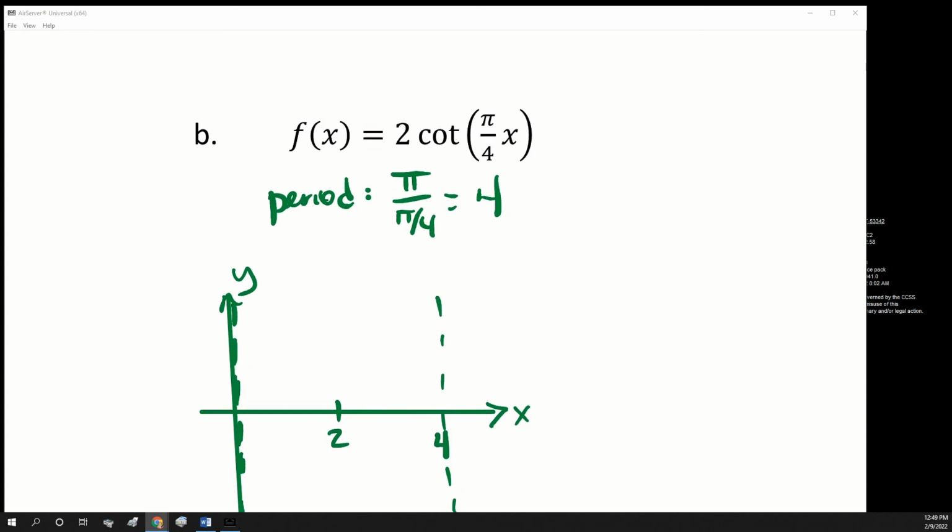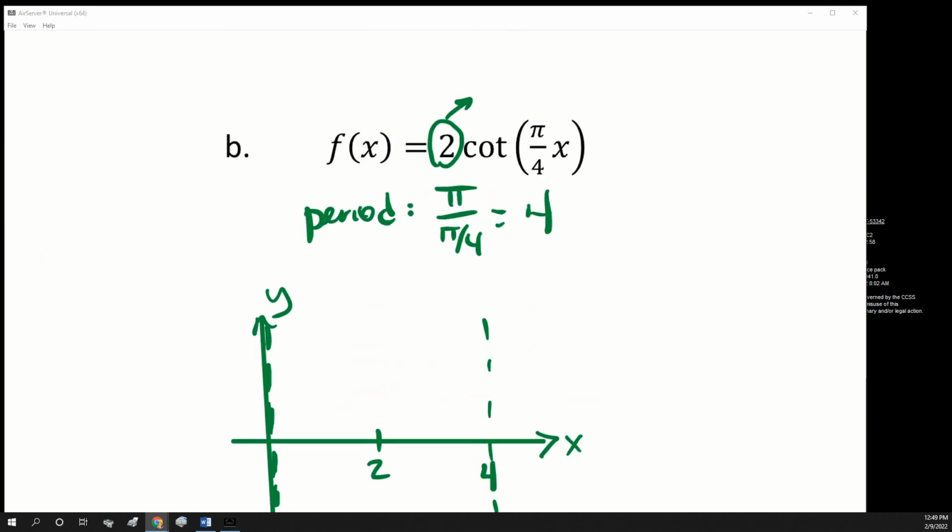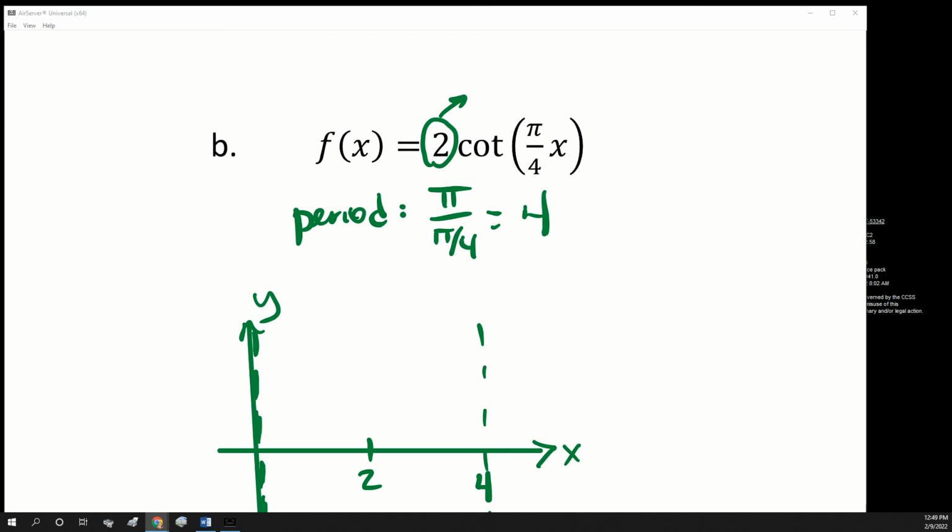Right. And then I have seen questions that kind of bring up what Lindsay was asking about the steepness of these. And so I've seen a question where it was just like, which one of these is 2 cotangent of whatever? And there was one that was steeper than the other one. So just know that if there's a number here that's bigger than 1, it's going to make the cotangent curve be steeper than normal.